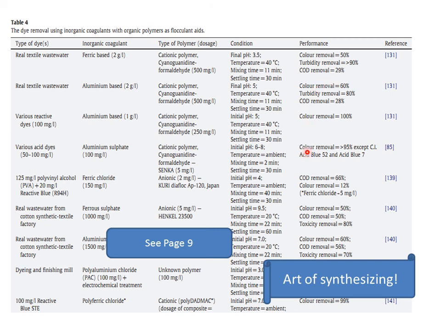So based on this, you can actually predict. You can predict if you use this type of coagulant and polymer, what is the color removal. Okay, you can at least predict. Okay, and try to make improvement.